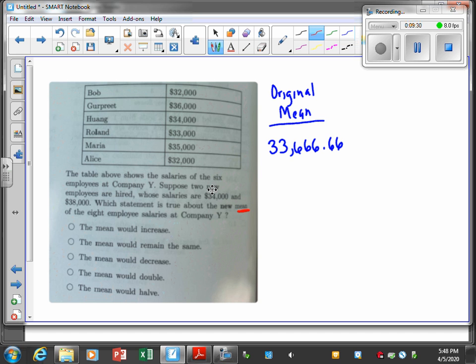Okay, and then we need to do the new mean, which is 32,000 plus 36,000 plus 34,000 plus 33,000 plus 35,000 plus 32,000 plus 34,000 plus 38,000 divided by 8, because now we have 8 people. And when we calculate the new one, we should get 34,250.